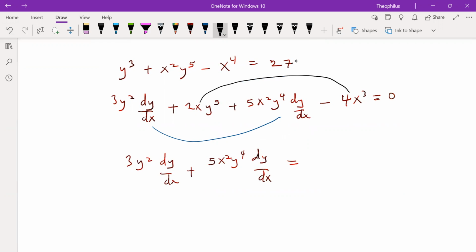That gives us 4x cubed minus 2xy to the power 4.